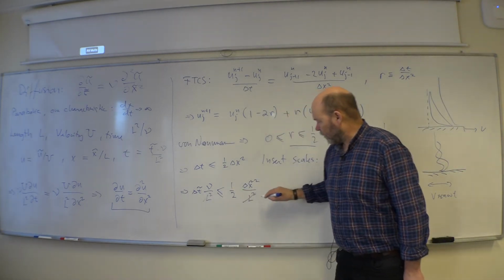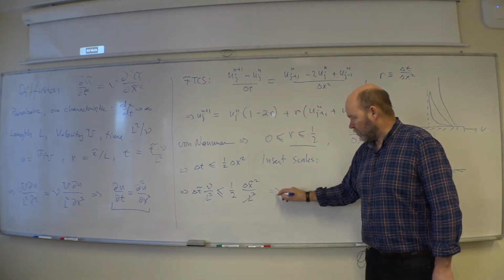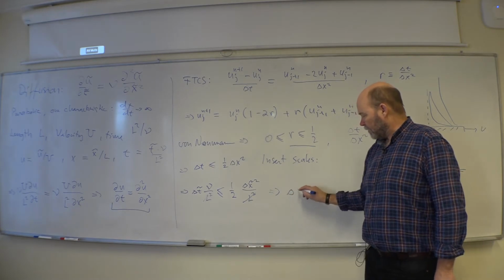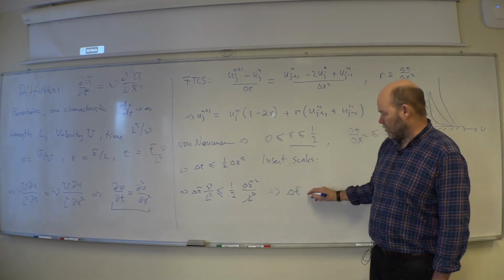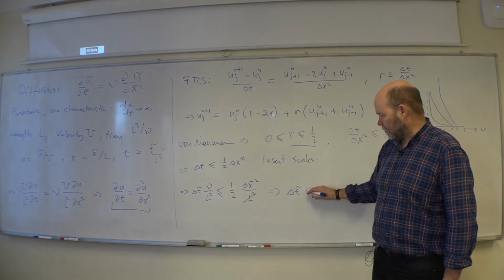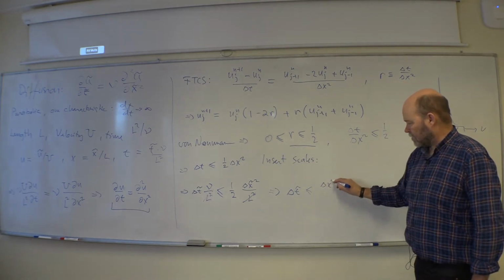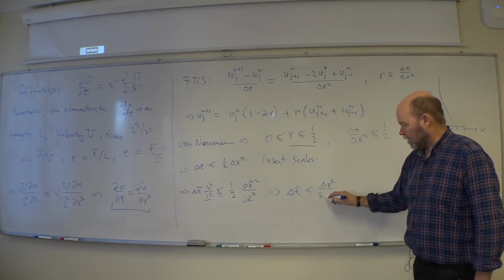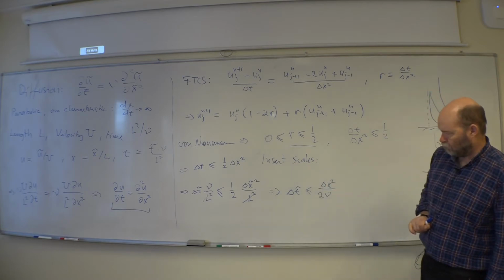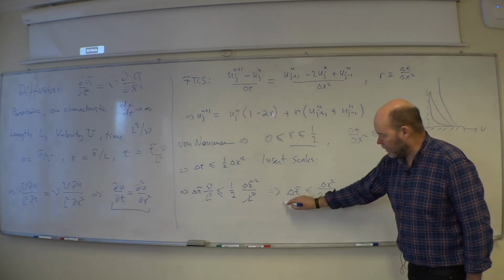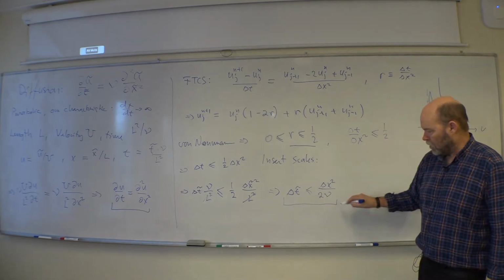So the length falls, and you are left with the criteria: delta T with dimensions must be smaller or equal than delta X square by 2 times the viscosity. That's the demand with dimensions.